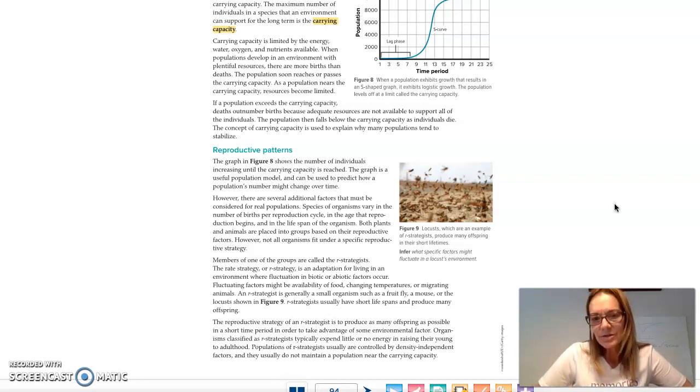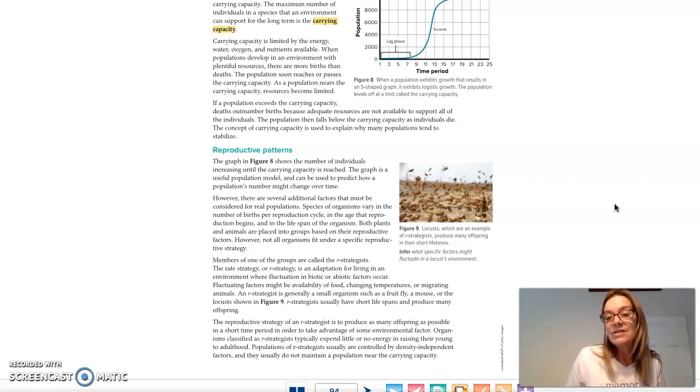And so r strategists are organisms that reproduce at a really quick rate. They don't put a lot of energy into raising their young. These are organisms that are born and can survive on their own immediately. They live in environments where the biotic and abiotic factors are changing frequently and rapidly, so they're affected by temperatures.